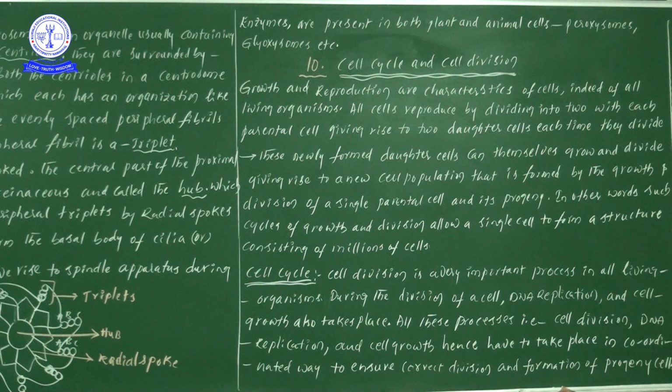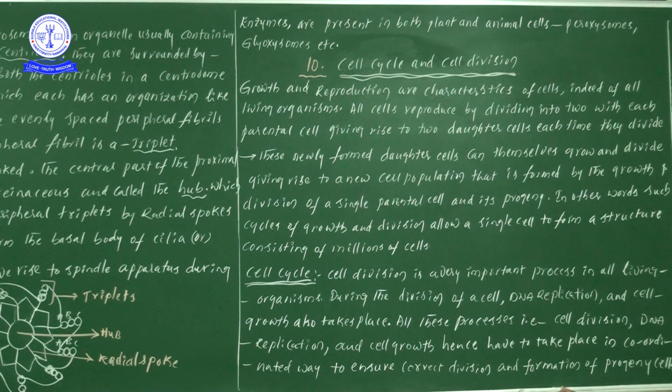So by the process of growth and cell division of a single parent, we get the single parent and its progeny.